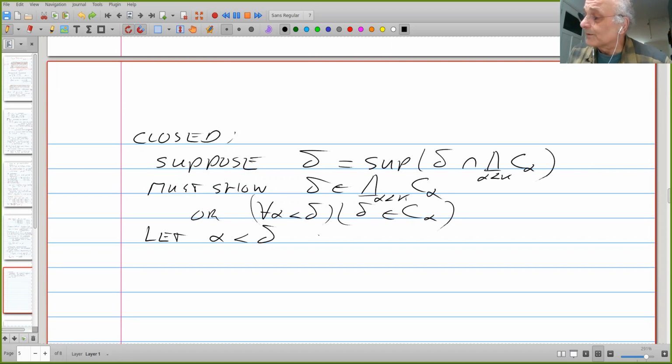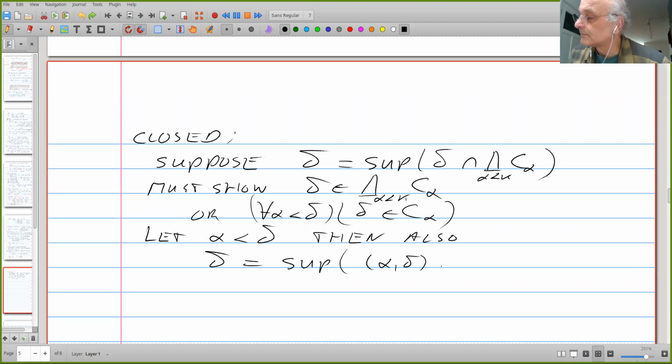Then also, if we take an initial segment away from a set, then the supremum doesn't change because the supremum only depends on the final bit.